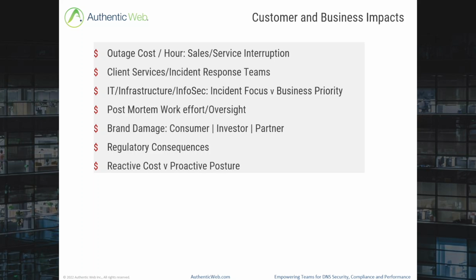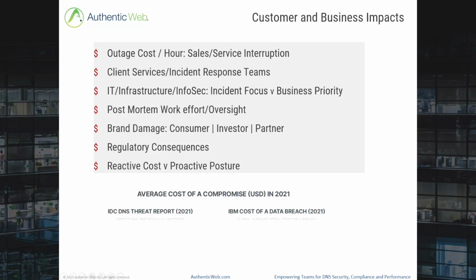How about brand damage from the customer, investor, and partner perspectives? And in the age of increasing regulatory compliance, you will bear the cost to report, embarrassingly have to make public comment of the incident, and then set up activity to repair the regulatory shortcomings and in some cases pay fines. Third-party research shows these hard costs are increasing year over year.